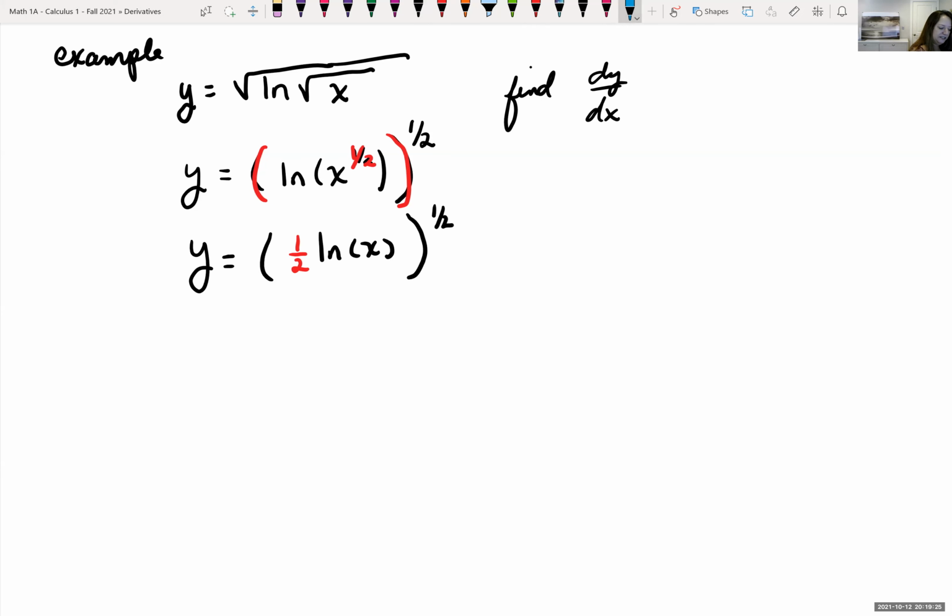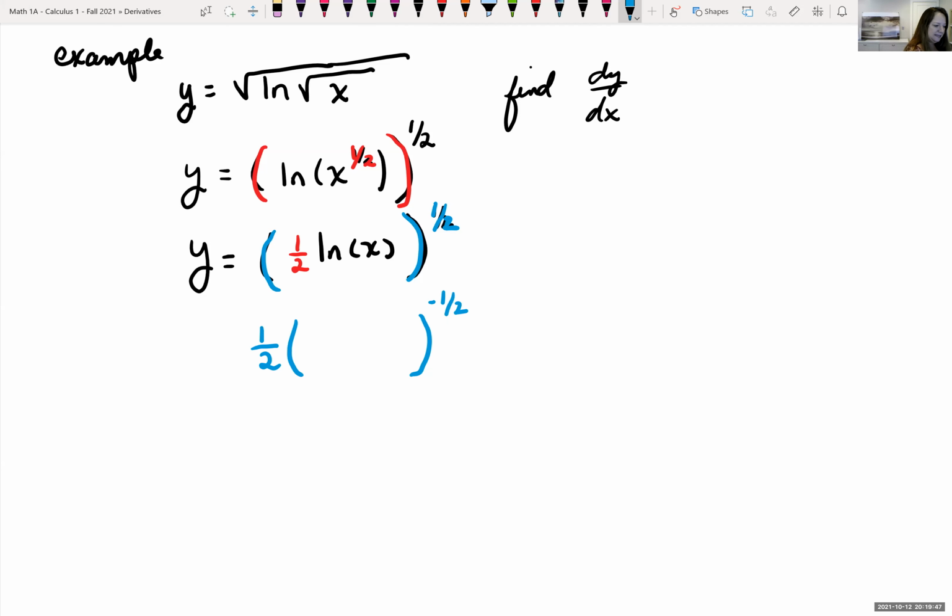Okay, so we're going to need to use the chain rule. Our outer function, we can think of it as u to the 1/2 power. So 1/2 of the inside, subtract 1 from our exponent, so we get negative 1/2.